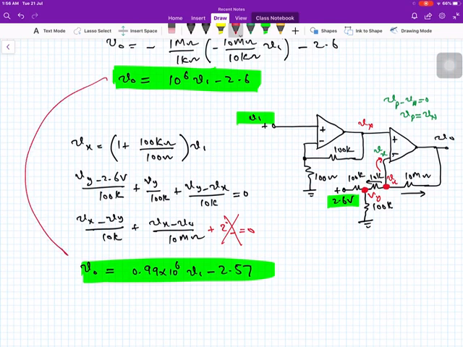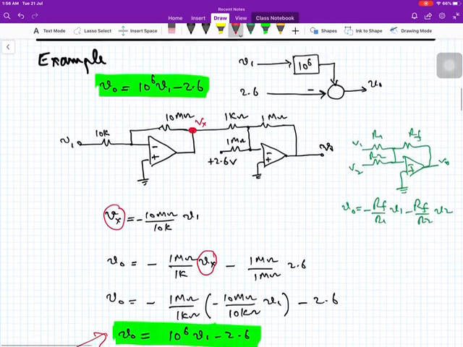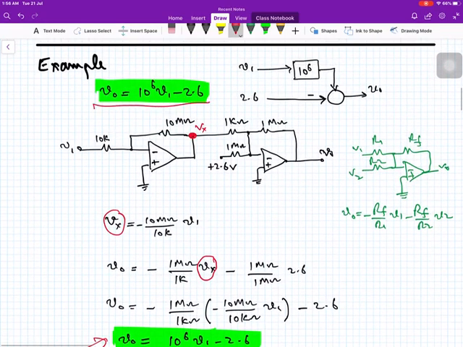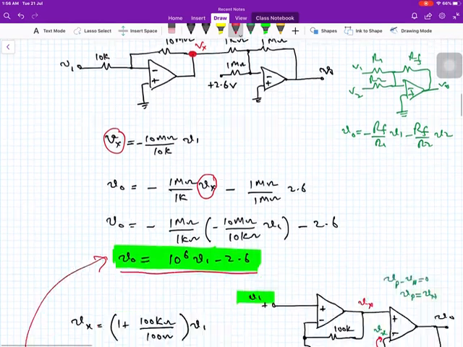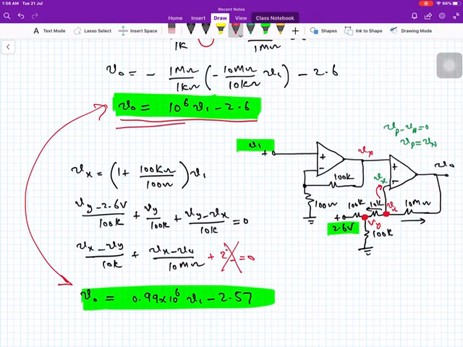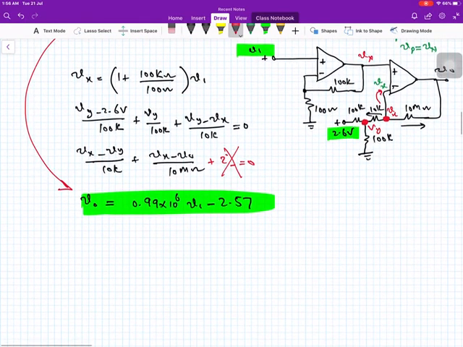Compare these two over here. While this is perfect, which was required over here, 10 raised to the power 6 V1 minus 2.6, this is not exactly 10 raised to the power 6. It is slightly less than 10 raised to the power 6, and instead of 2.6, this is minus 2.7.